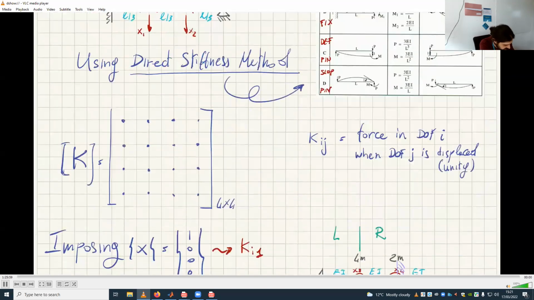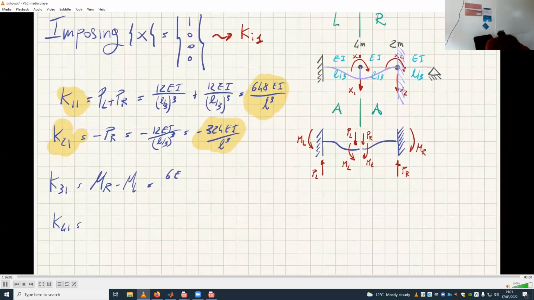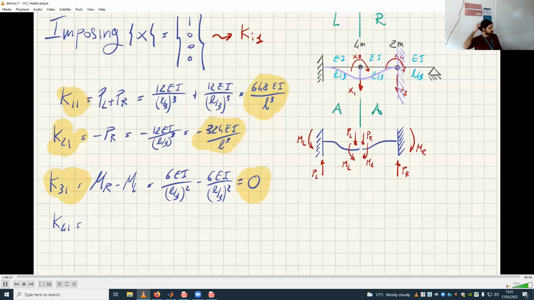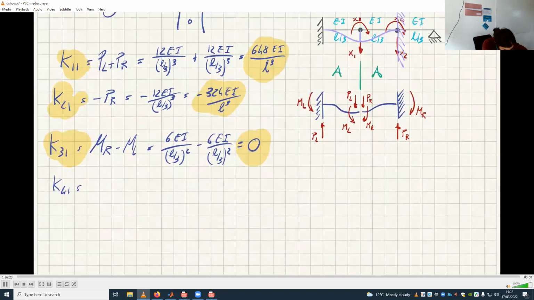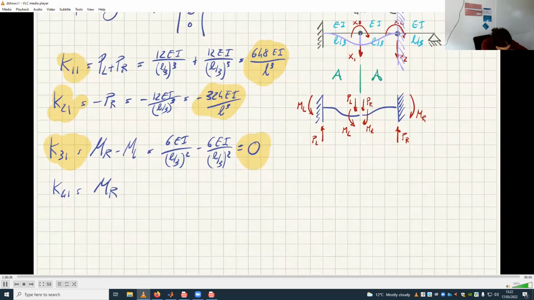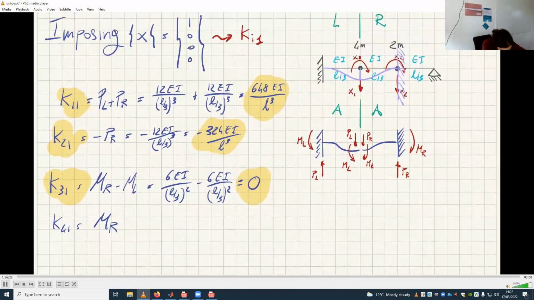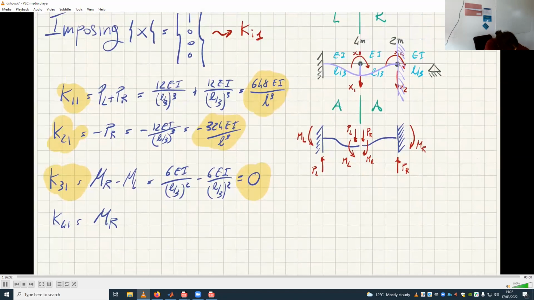This is 6EI over L divided by 3 squared minus 6EI over L divided by 3 squared equal 0. And K41 is just MR. I can see that easily. This is X4, this is MR. And so that's just equal to 9 times 6, 54. So it's minus 54 EI over L squared.